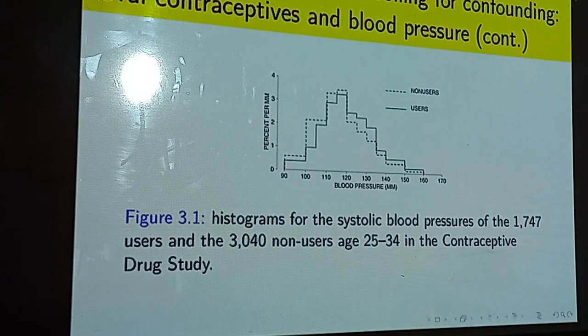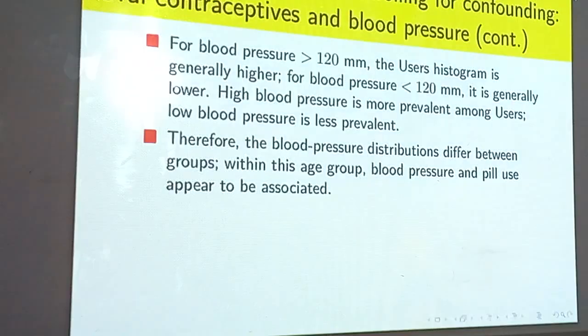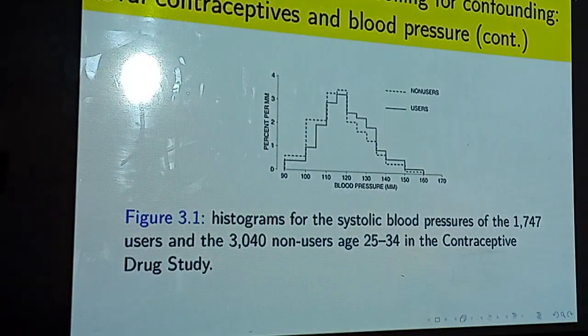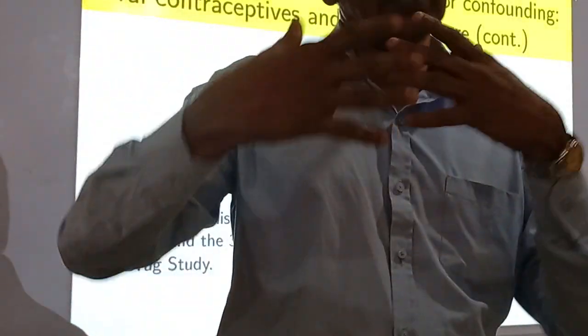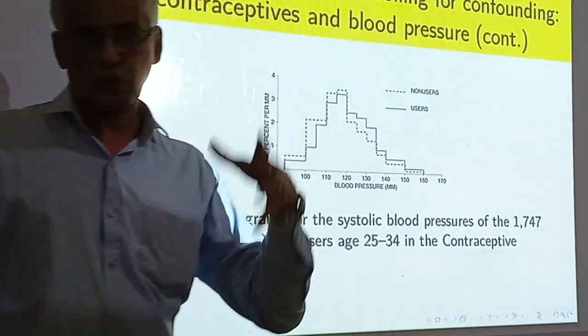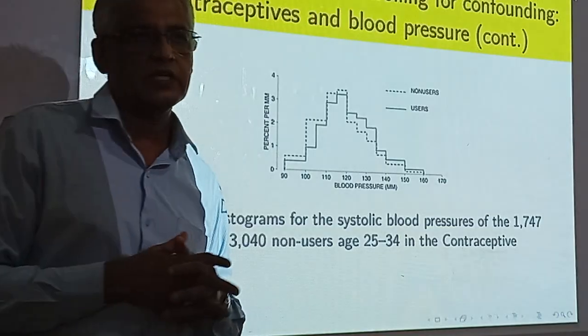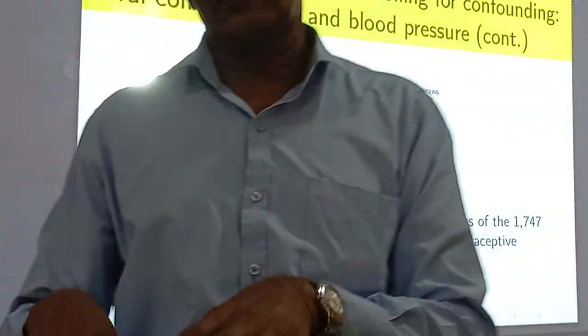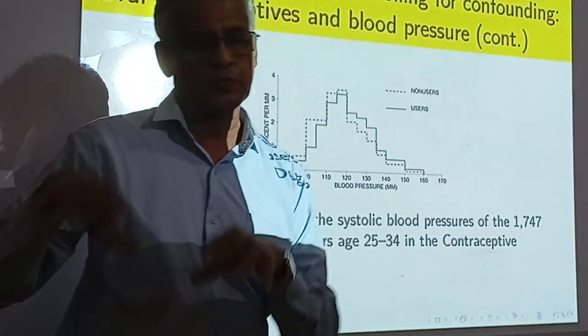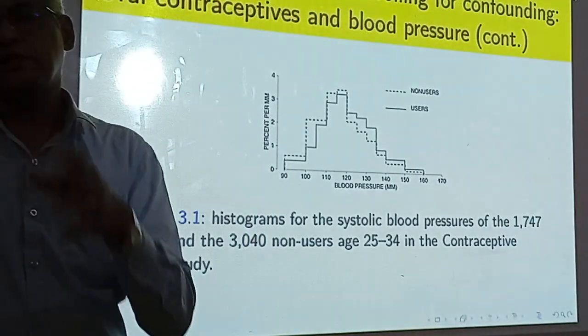They looked at the other age groups also. I don't have the picture for that. But later on, once they control for age, that's how we say it, we look at the association after controlling for age. Keeping age fixed as much as possible, we look at the relationship.